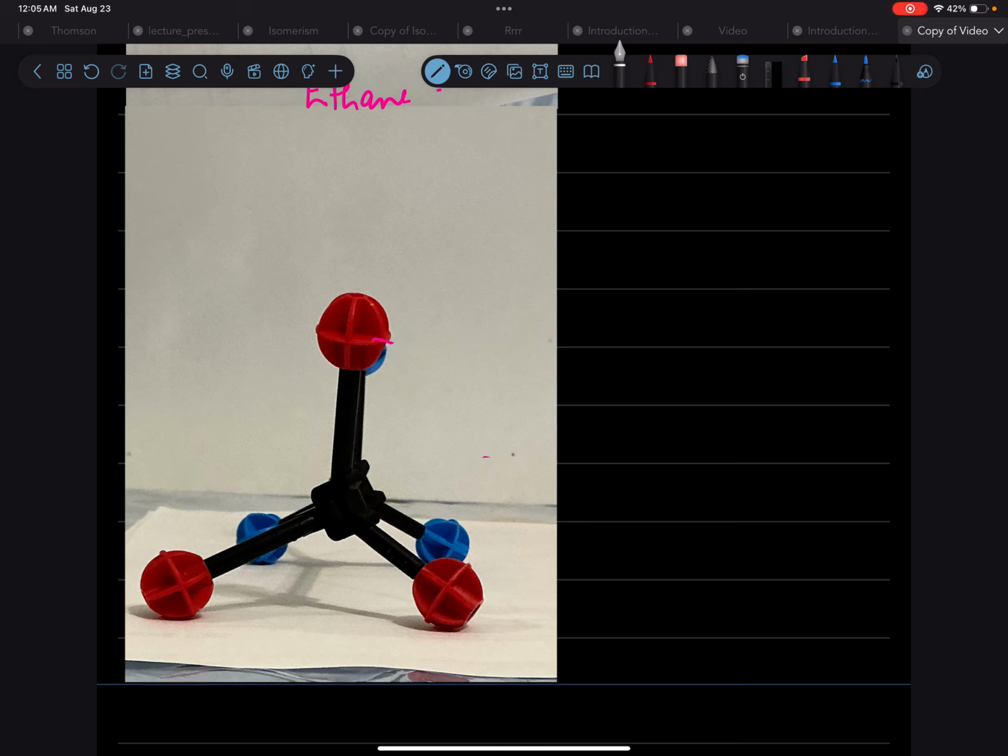The drawing which we use to depict these, that's called Newman projection, in which the front carbon is represented with a dot while the back carbon is represented with a circle. So the carbon-carbon bond is kind of squeezed, and this is how it is represented.